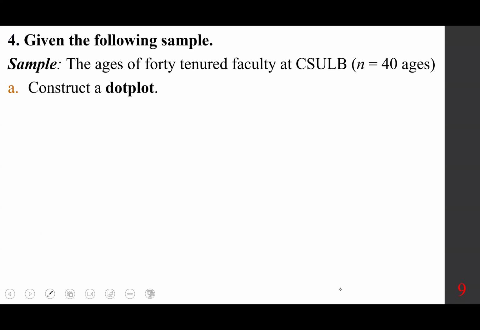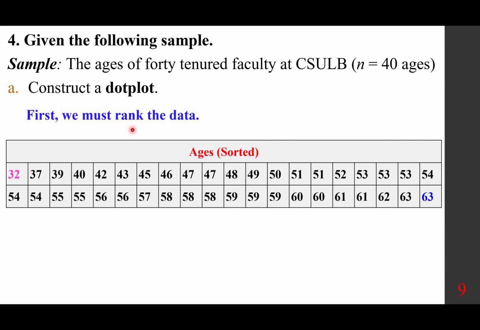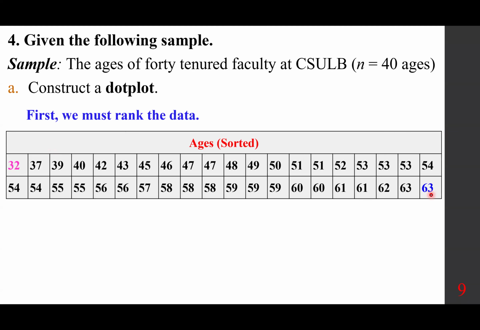All right, so to construct the dot plot, first and foremost, we must rank the data, and we're going to go from smallest to largest. When we rank it, it goes from 32 to 63. So the very first step is to rank it.